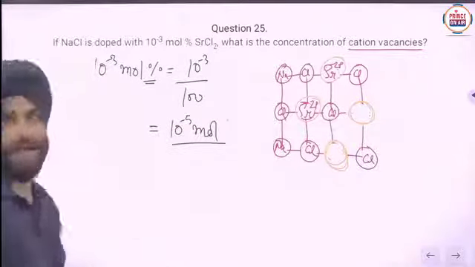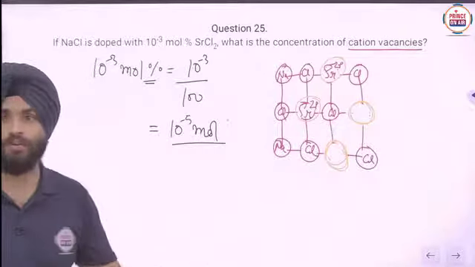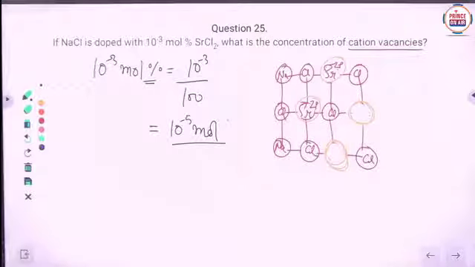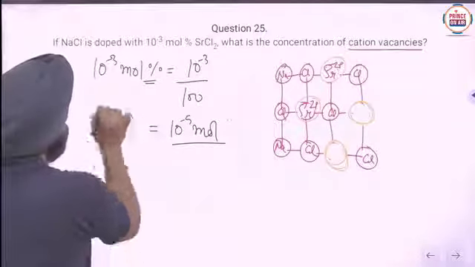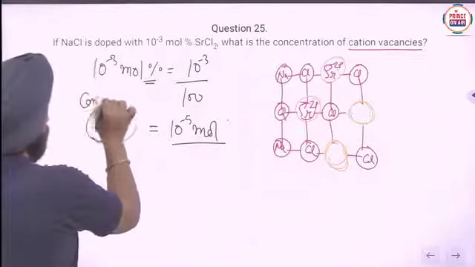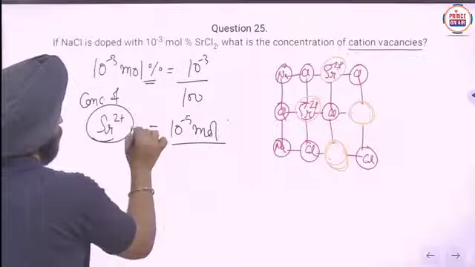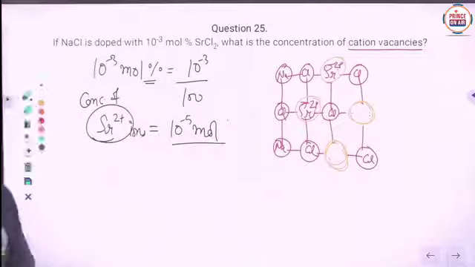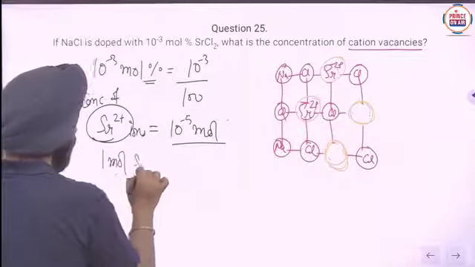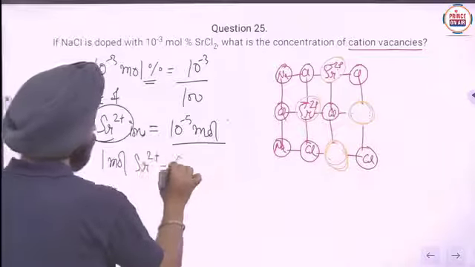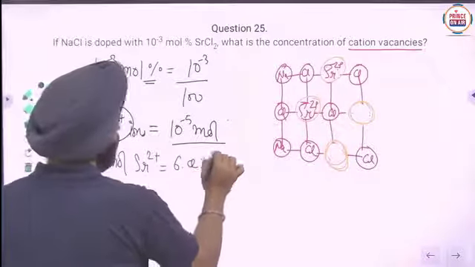From here I am providing you the total number of moles, so the concentration of total moles of Sr2 positive ions. Okay, clear? Now 1 mole, all of you know very well, equals 6.02 into 10 raised power 23.